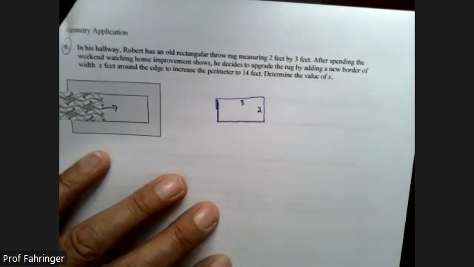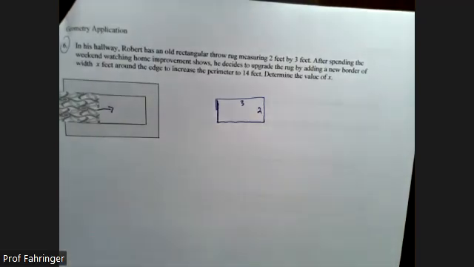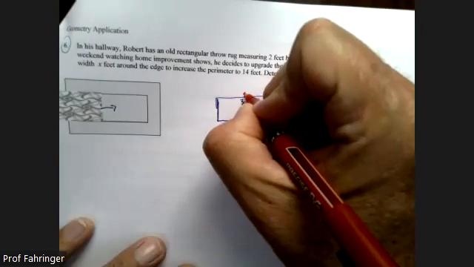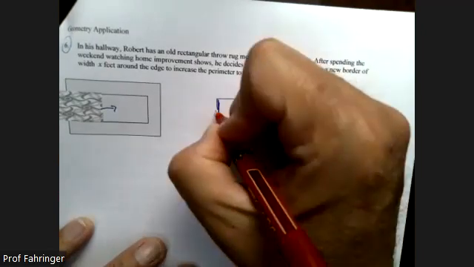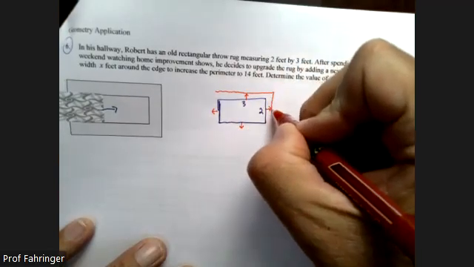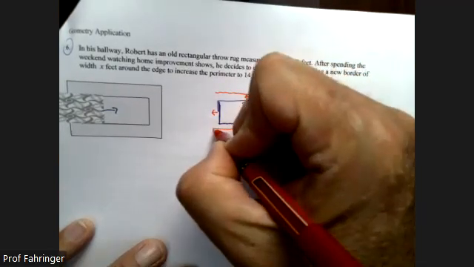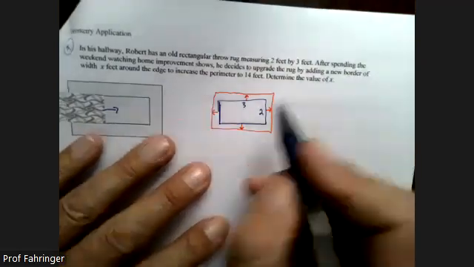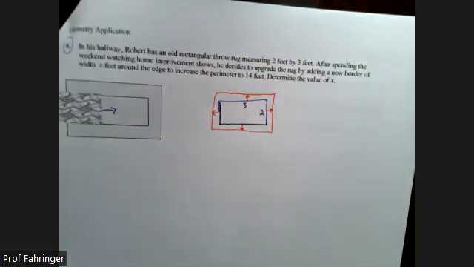He decides to upgrade the rug by adding a new border with the width of X feet around the edge. So he's going to go X feet this way, X feet that way, X feet this way, and X feet that way. So now I have something that looks like this. Fancy rug. Now I have a new length and width, and I need to see what they are.